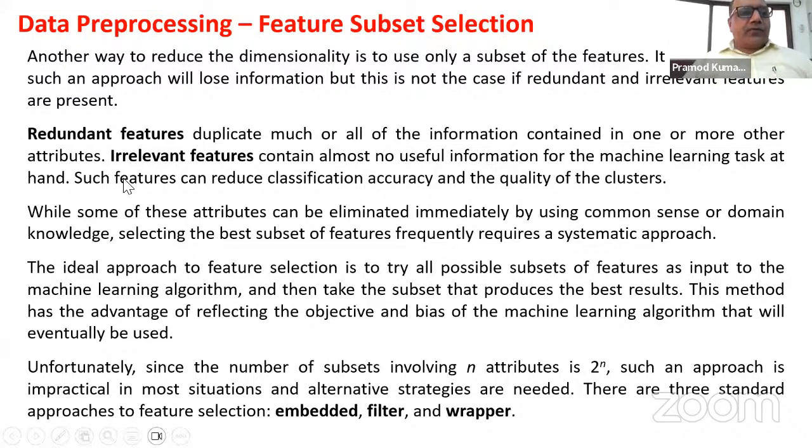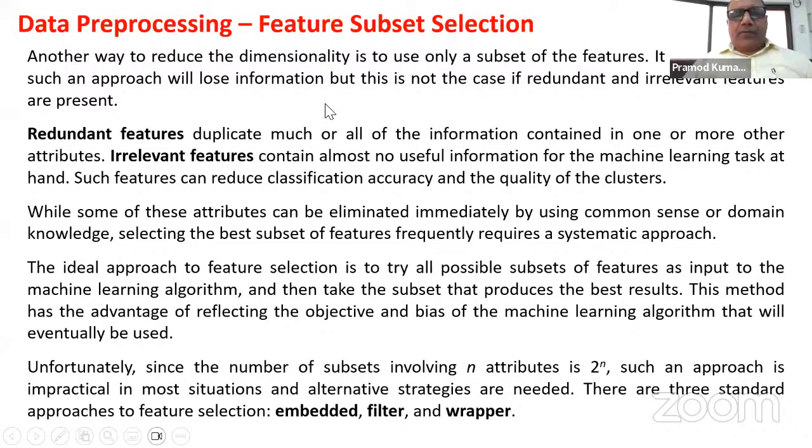Another way to reduce the dimensionality is to use only a subset of the features. It may seem that such an approach will lose information, but this is not the case if redundant and irrelevant features are present.